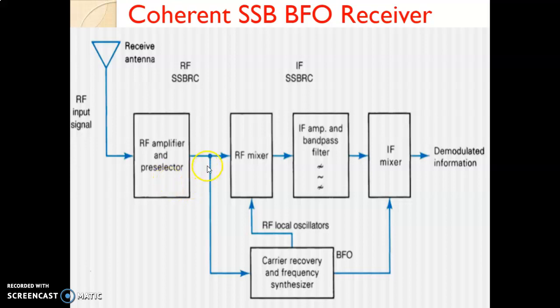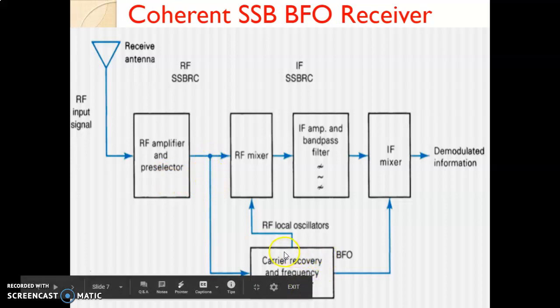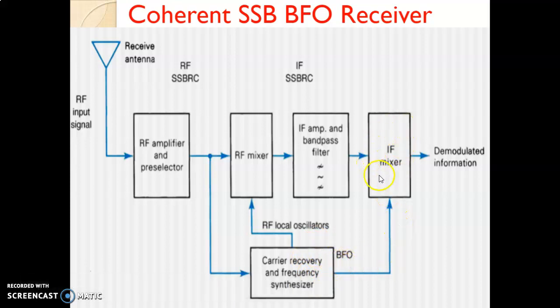So the coherent receiver gets a carrier recovery from the received signal. There is a separate carrier recovery circuit which generates a local oscillator, as well as a BFO. Now here there is no need of a BFO because we are generating a carrier recovery at the receiver, and the same is given to the IF mixer to produce the demodulated output.